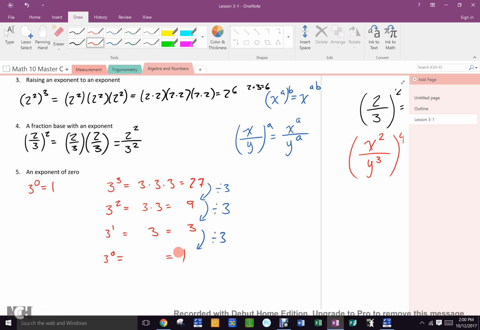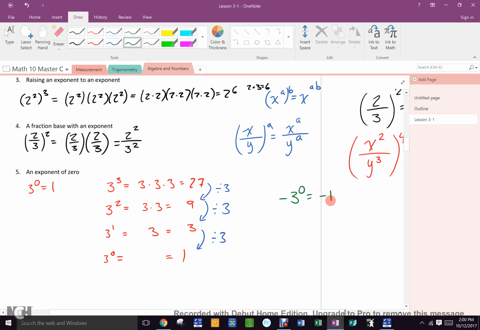Now here's where it gets tricky. Every kid, and if you're a yeller outer in this class, I would bite my tongue to make sure you don't yell out the wrong answer. What is negative 3 to the 0? Negative 1.